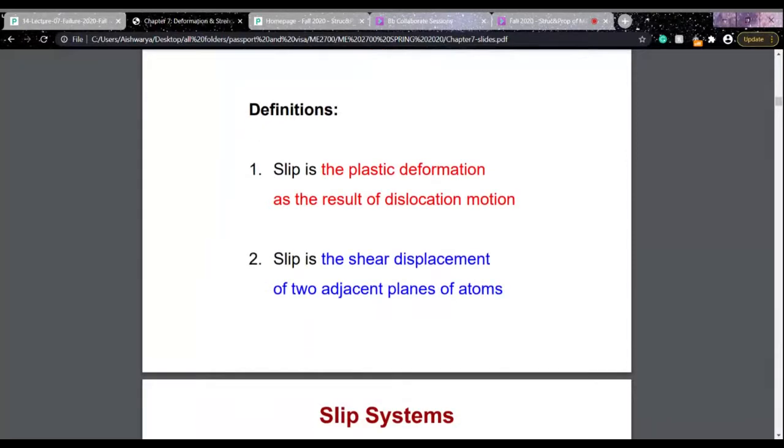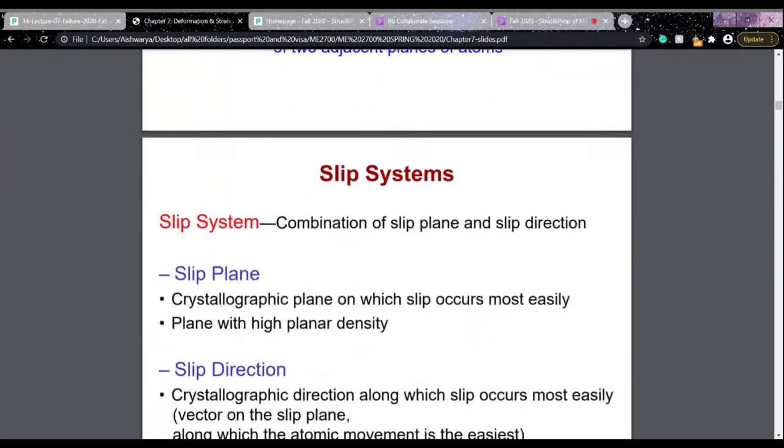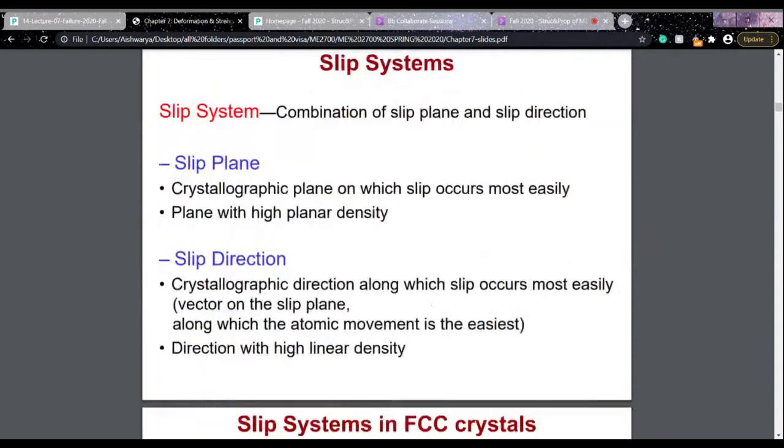As we have just seen, slip, the motion of dislocation as a result of the applied shear stress, is termed slip. We have slip systems, which consist of both the slip plane and the slip direction. The slip plane is the plane in which the dislocation moves easily, or the slip occurs, and it is the plane with the high planar density, the most closely packed plane.